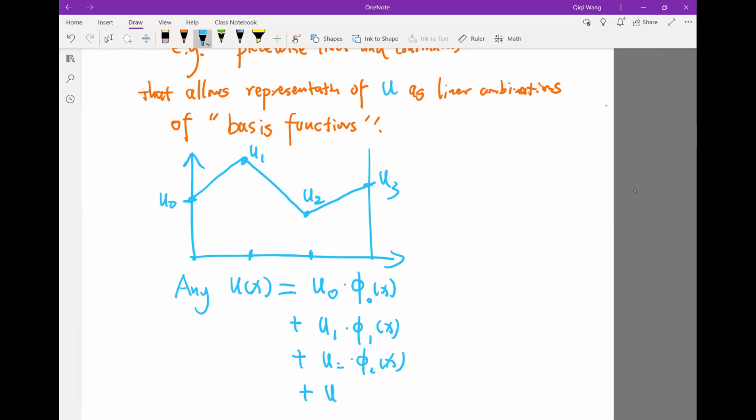So the question I want to ask you is, do a little bit of detective work and try to figure out what is phi0, phi1, phi2, and phi3 as a function of X. What do you think? If I'm saying I can represent any U as a linear combination of such basis functions, what do you think such basis functions look like?